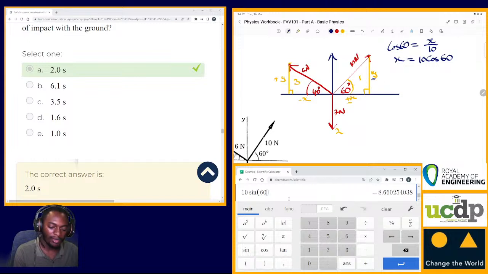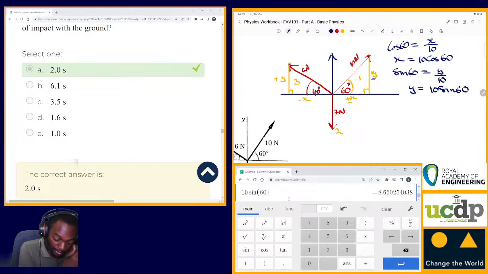Y is the opposite over the hypotenuse, so it becomes sine 60 equals the opposite, which is y, over 10. So our y there will be 10 sine 60. That's the y component of this vector 10. Then we do the same thing for triangle number 3.